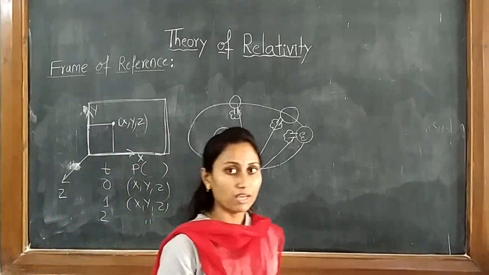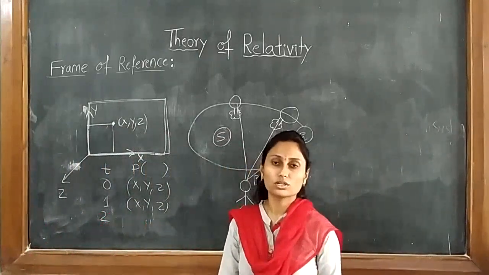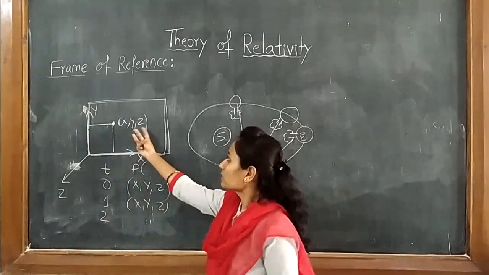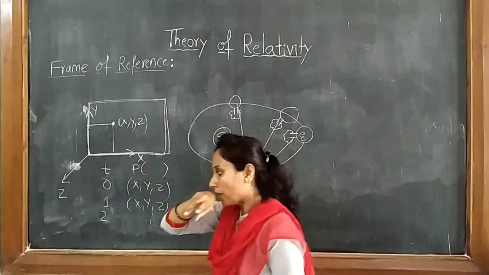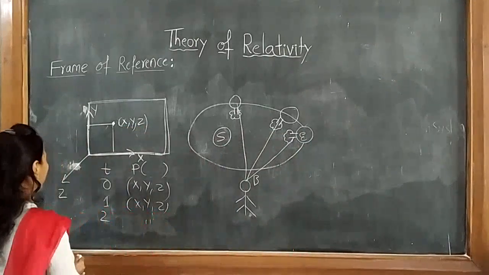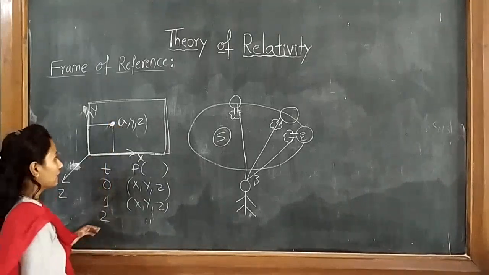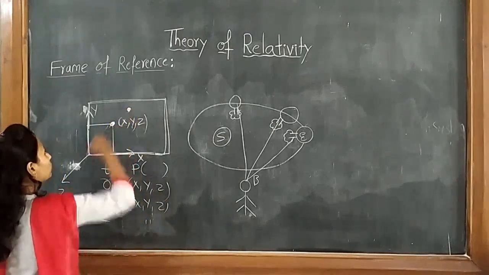So is this the best way to define the position of any object? Okay. To define the position of any object, we are using 3 coordinates here, x, y and z. Now, how do we define motion? Suppose at 0 seconds the object is here. After a certain interval of time, the object comes to this position.